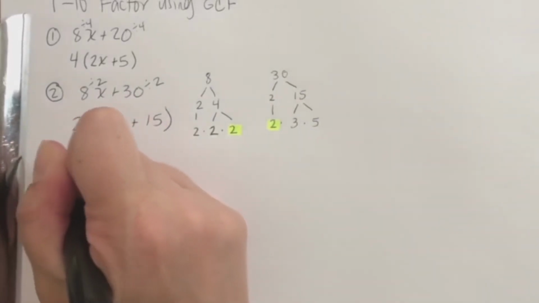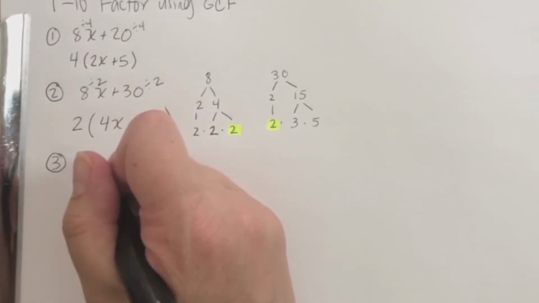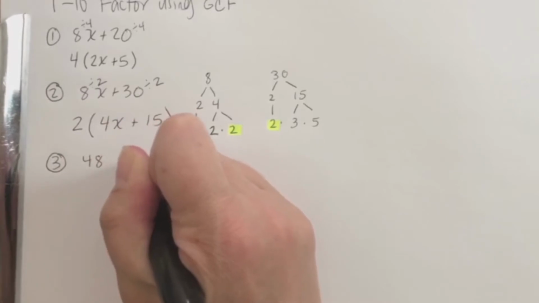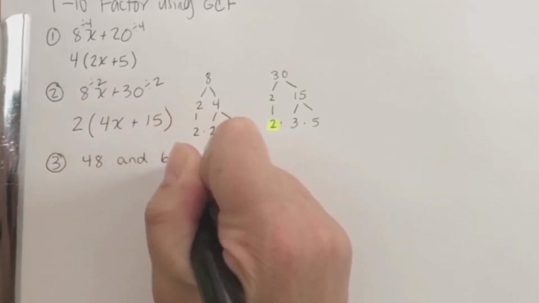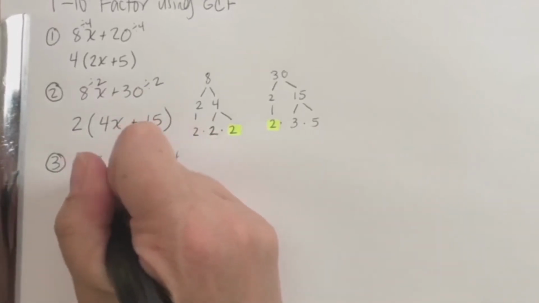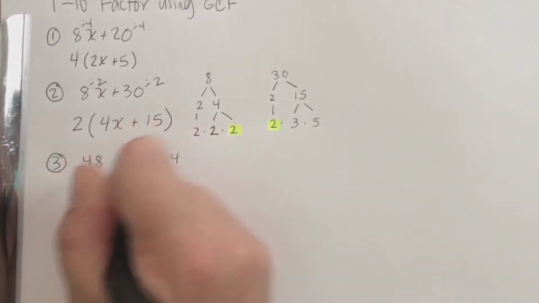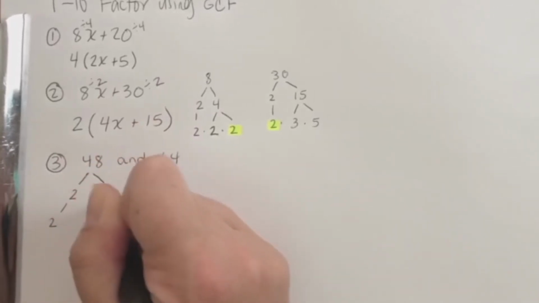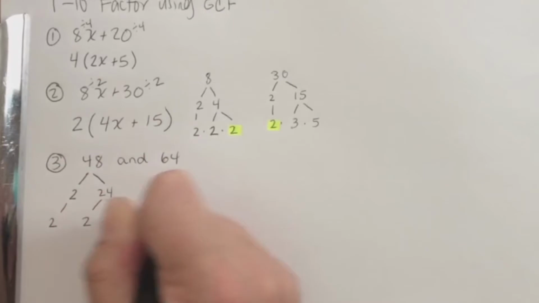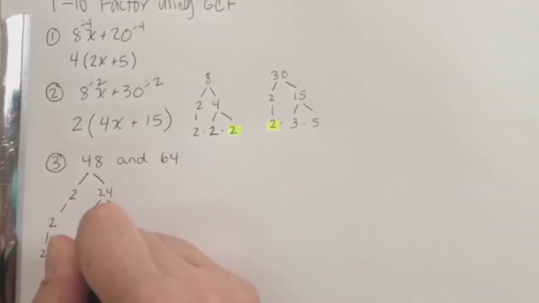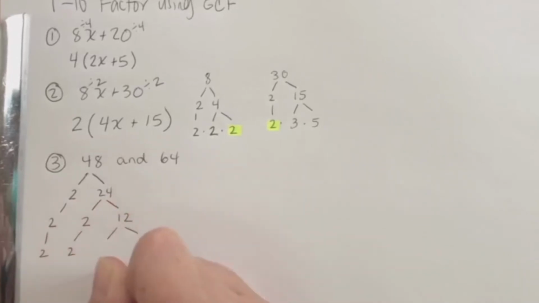Number 3. The greatest common factor of 48 and 64. So this factor tree is going to come in handy. So 48 is going to be 2 times 24, and then 24 is going to be 2 times 12. 12 is going to be 2 times 6.